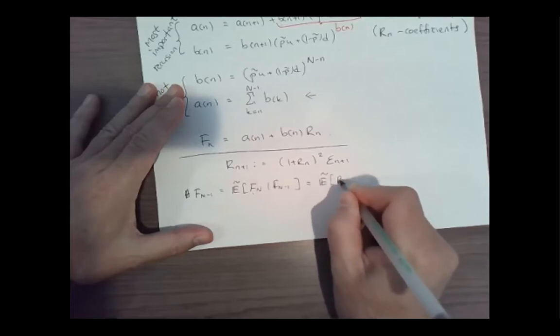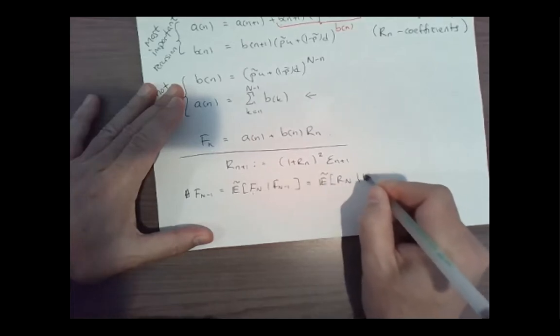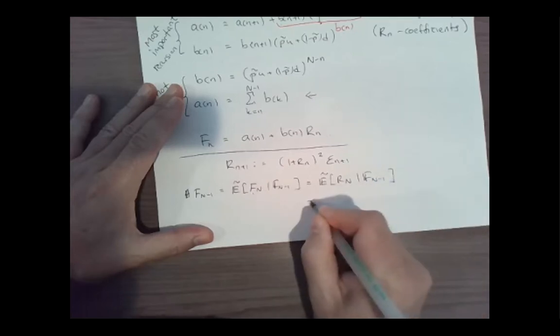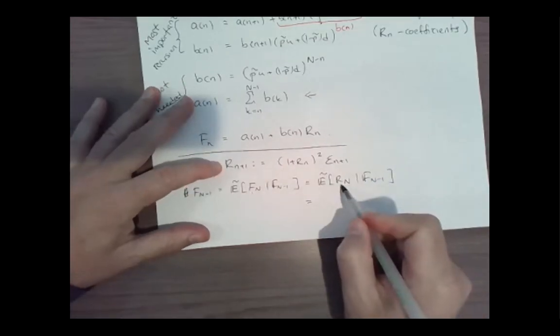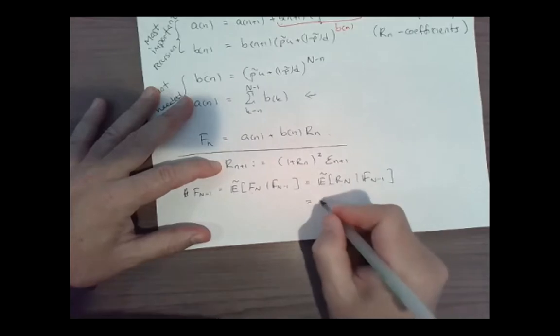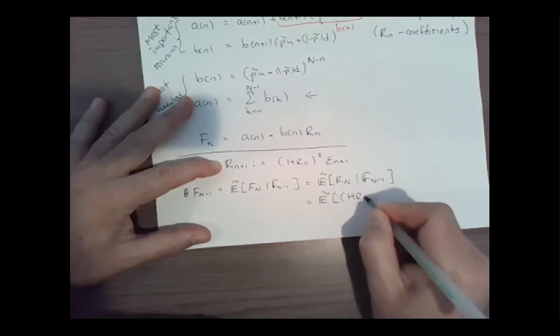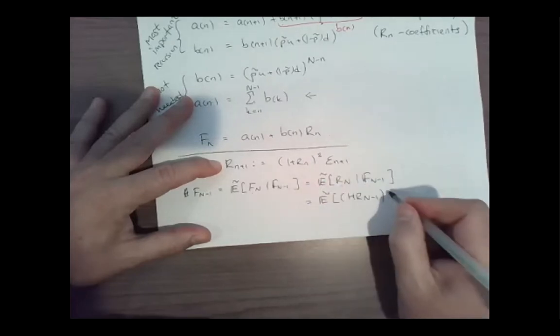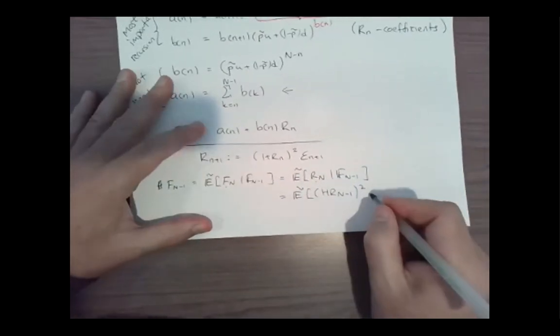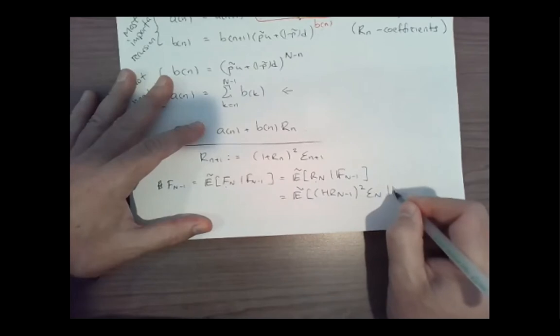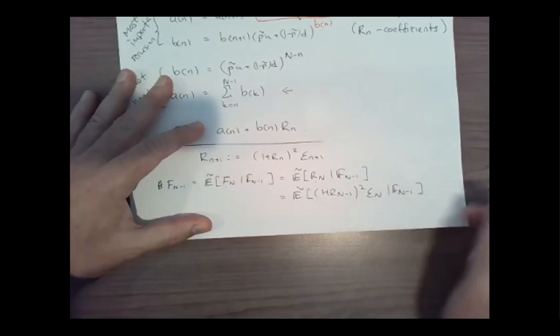So we get R_n here. And now we'll use the formula, and you get E tilde of (1 plus R_{n-1}) and then you get the square. That was a new thing compared to before, and this would be epsilon_n given F_{n-1}.